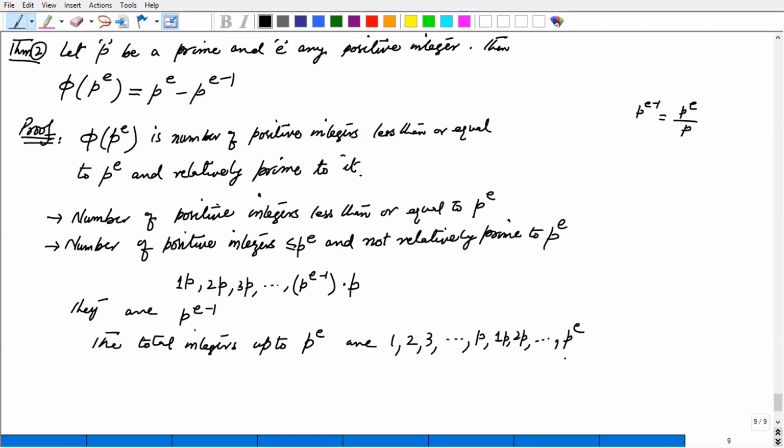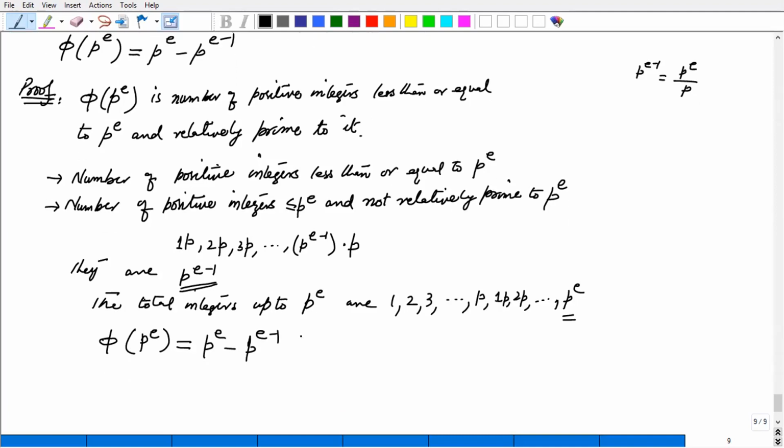So this is the total number, and these are the numbers which are not relatively prime to p to the power e. So you need to find the numbers which are relatively prime to p. It means you can write phi of p to the power e is equal to p to the power e minus p to the power e minus 1.